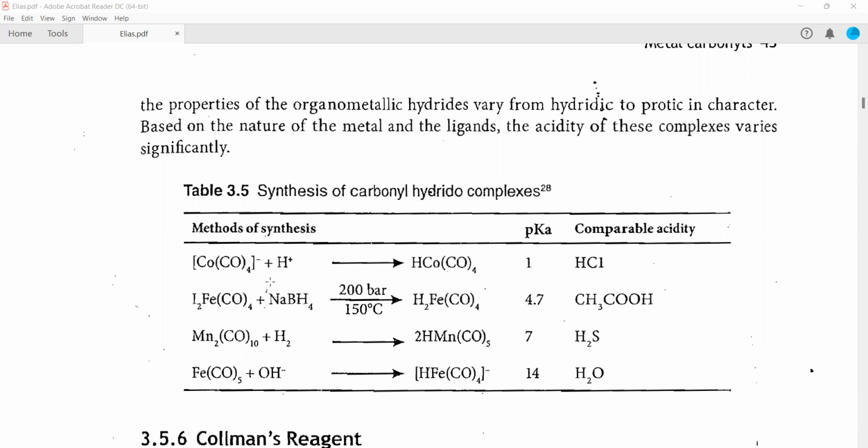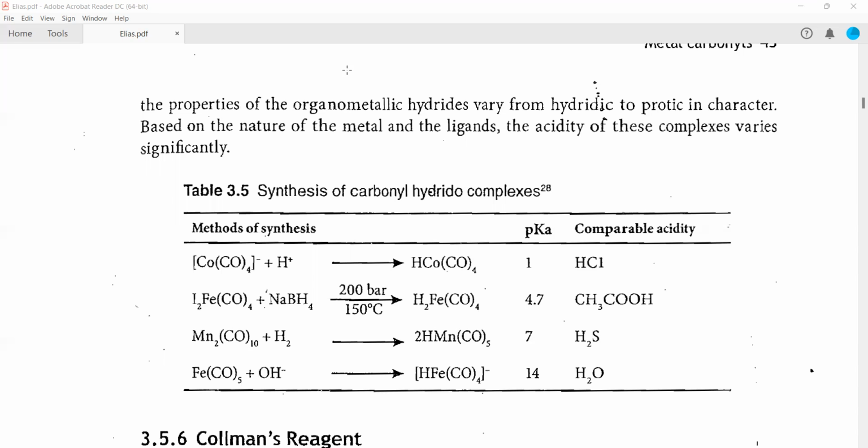Definitely, if you have this anionic complex, which we know how to synthesize using various reducing agents like sodium, potassium, all of those metals, and you add H+, then you can form this complex, which is a metal hydride complex. There is a direct bond between the H and the metal. That is called the metal hydride.